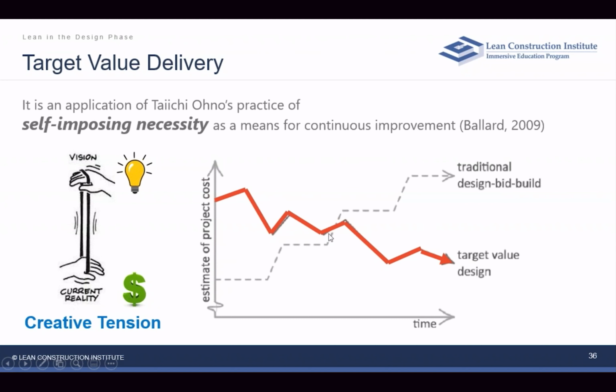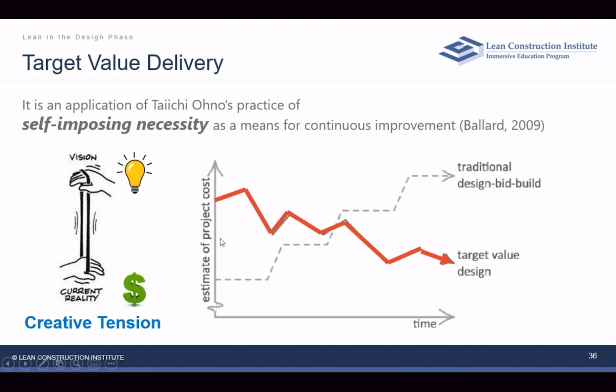But here's the other thing that happens in traditional: because some of these costs go up, and people don't want to always be disappointing in iterations, they'll start buffering with contingencies. And now this cost rise becomes hidden.